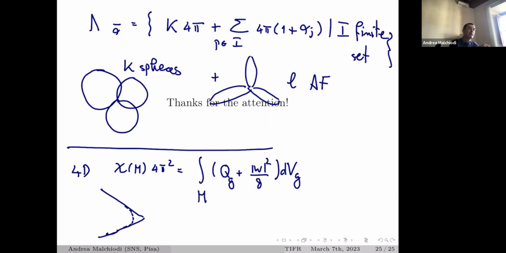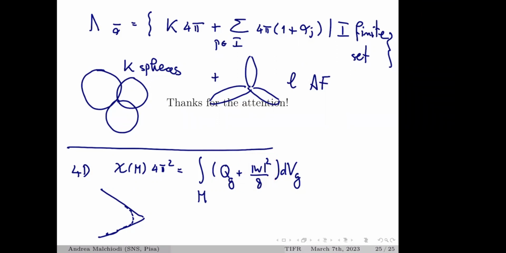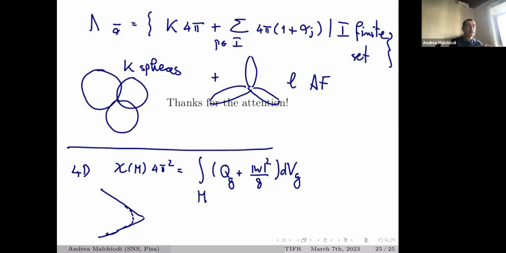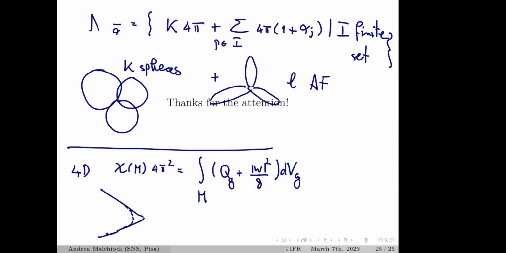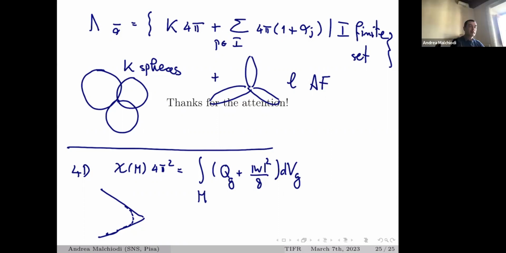So there is a totally similar interpretation, but in 4D, you also need to take into account the Weyl tensor that you don't see in 2 dimensions. So there are similarly 2 parts. One is a singular part, which one can approximate by smoothing, and then the regular part. Exactly. Yes.